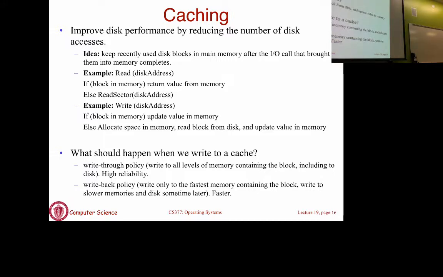Now, just to finish what we started last time, we're going to start the very last component of the class, which is on distributed systems. As a recap, last time we were talking about I/O systems and how device drivers work. I/O devices are typically slow, and most I/O devices have a controller attached to it.